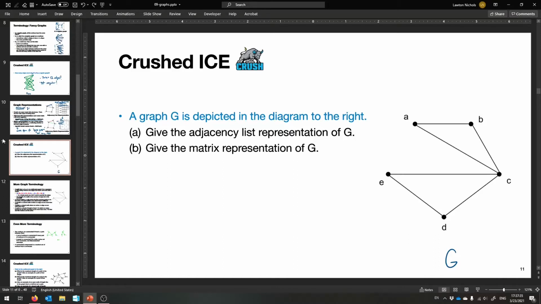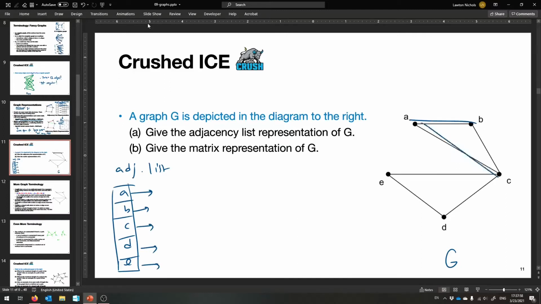Okay, so let's do the adjacency list over here. We've got 5 vertices, A, B, C, D, and E. Those are all going to map to a list that tells us what edges there are from A, from B, from C, from D, from E. From A, we can go to B or C, so we put B and C in the adjacency list.